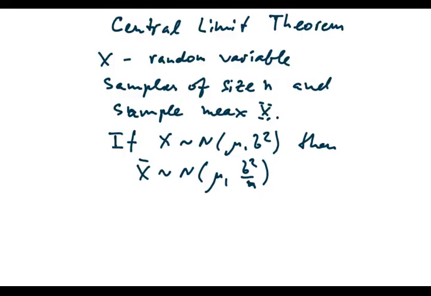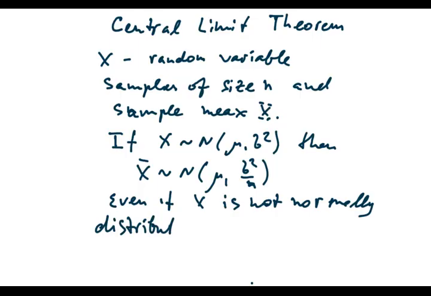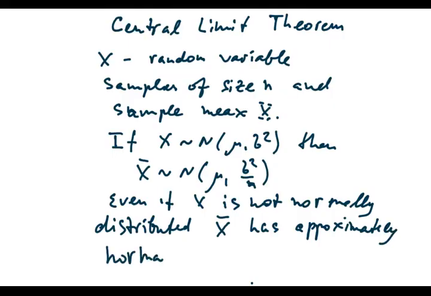What the central limit theorem talks about is that even if X is not normally distributed, X bar has approximately normal distribution if n is large.